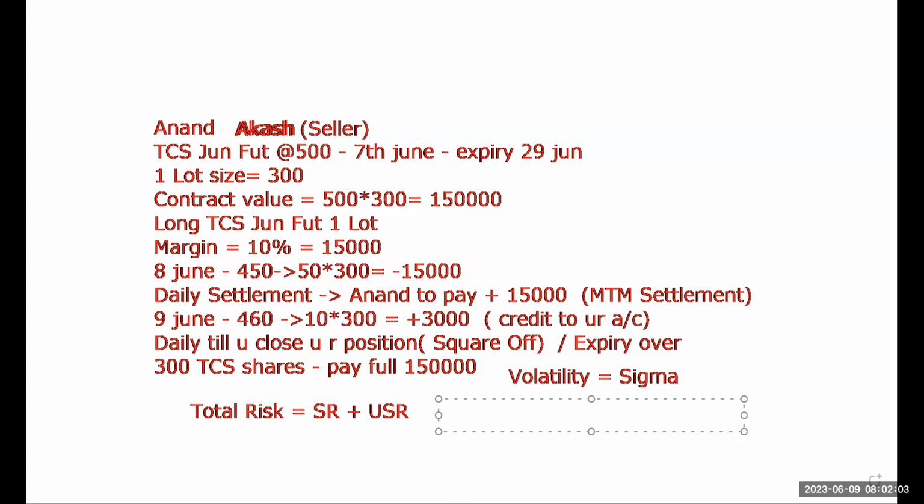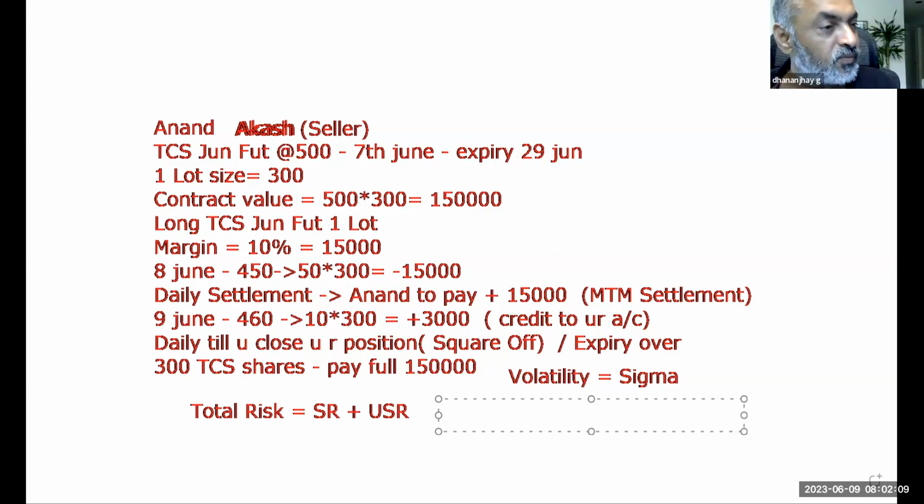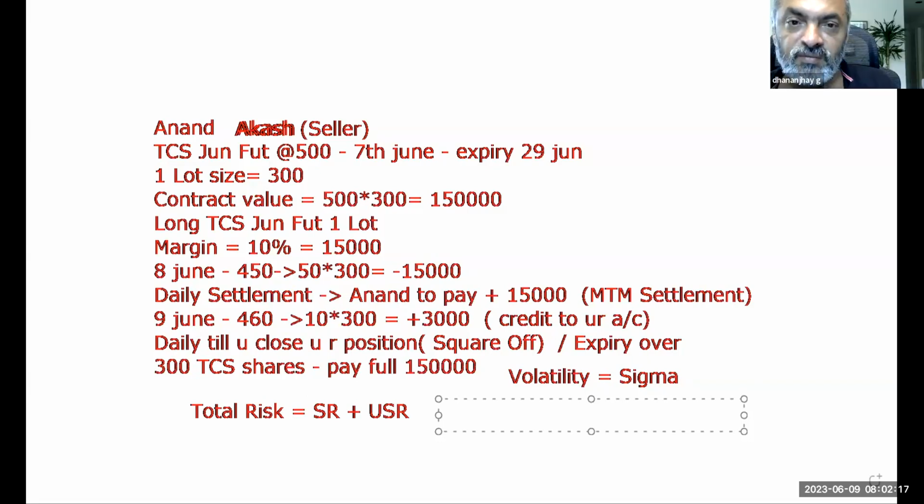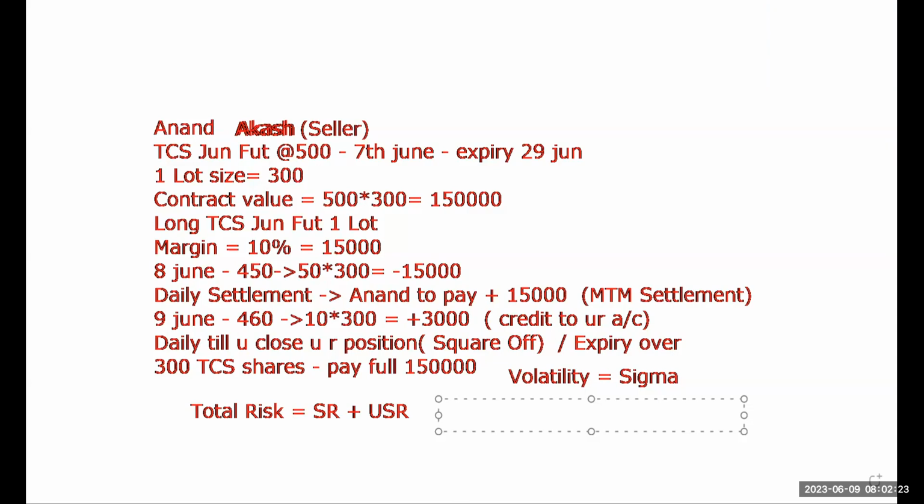They are just playing an intermediary role, sir. Yes. You know, Anand has got a loss of 15,000, no? That 15,000 will be paid to Akash. It will go to Akash, sir.